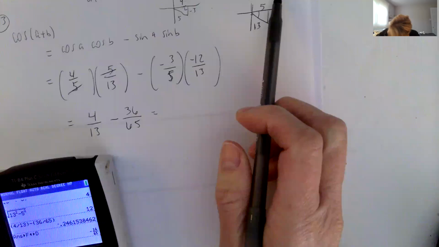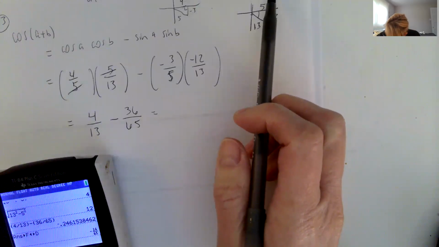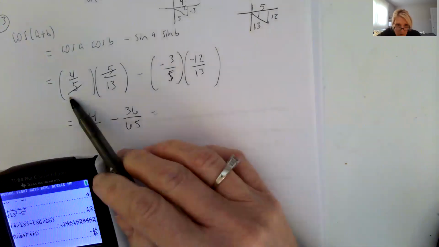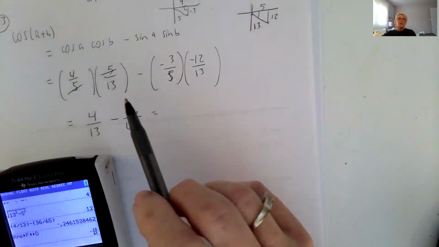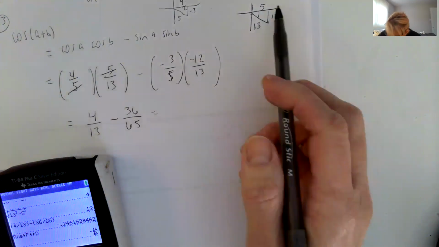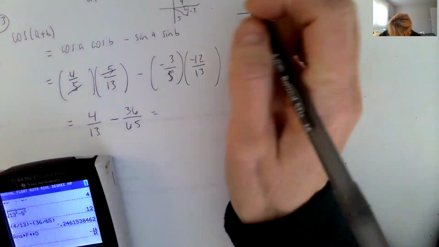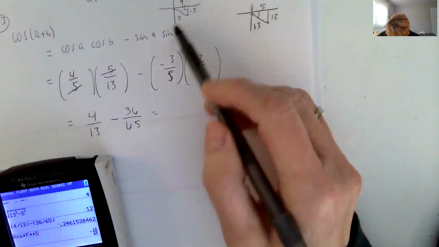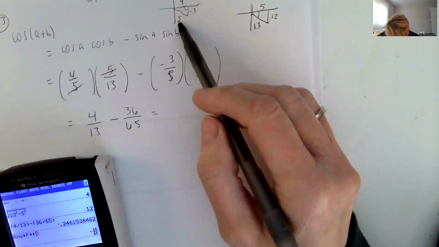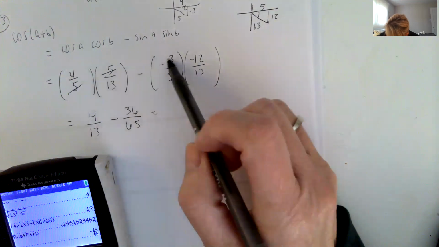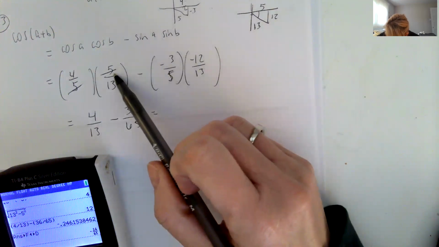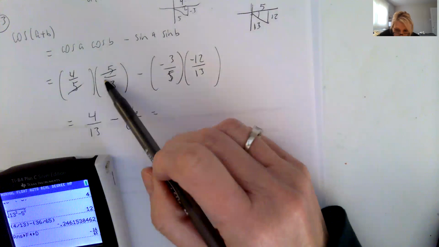Cosine of A, oh, this should be cosine of 13. No, 4 over 5 is cosine of A, 4 over 5. And then cosine of B is 5 over 13, so those cancel.